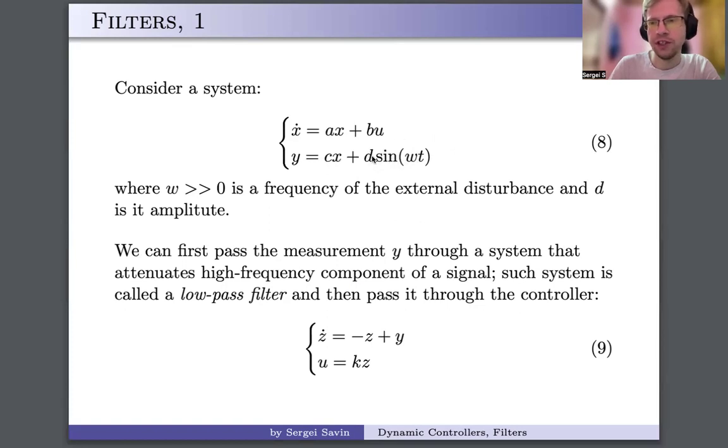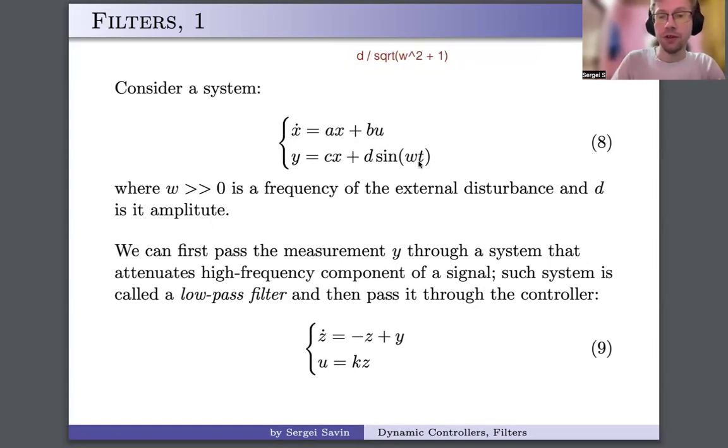So d will be divided by... let's see what's exactly going to happen to the signal. After it passes through this filter, d is going to be multiplied by this 1 over square root of w squared plus 1, right?